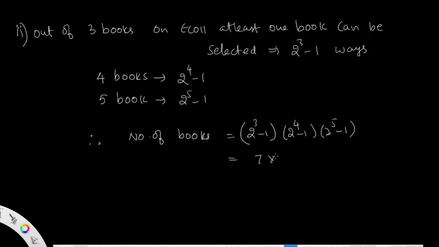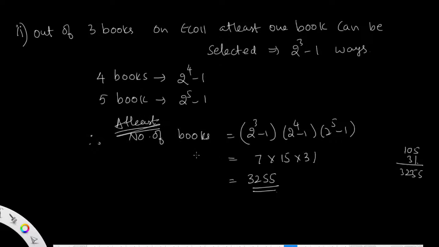That is 7 into 15 into 31. 7 into 15 is 105, and 105 into 31 is 3255 ways. This is the value for the question.